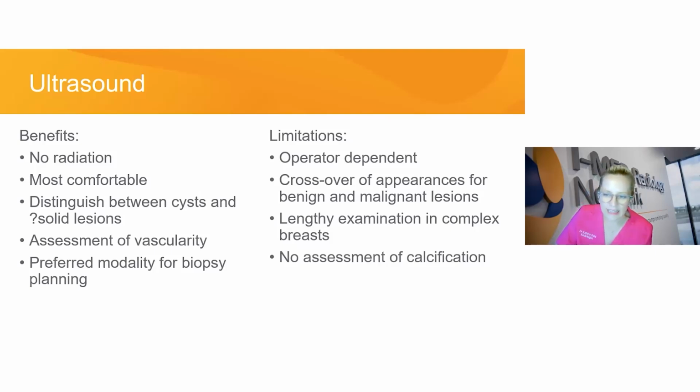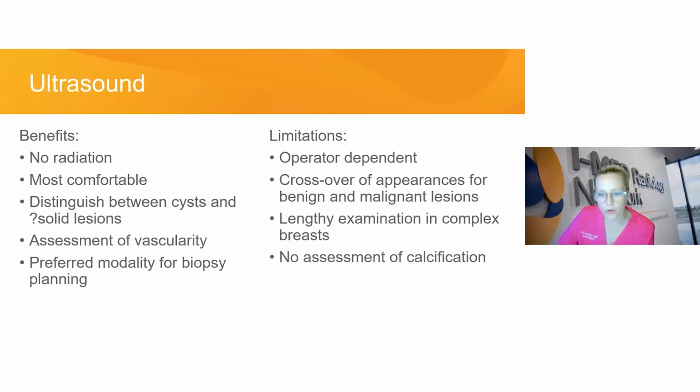It can be really lengthy in complex breasts. So those women who have multiple cysts, multiple fibroadenomas, just generally what I would call messy breasts, but really complicated parenchyma, they can take up to an hour to scan, and that is actually exhausting from a sonographer's point of view.